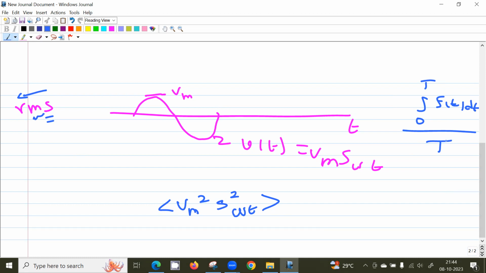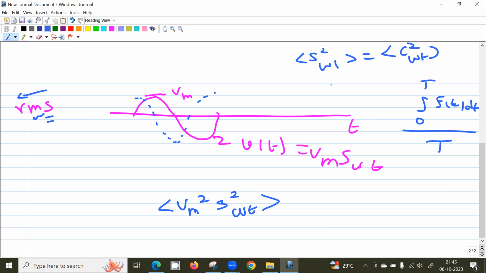The average of sin² and cos² are the same, because if I plot cos² it will look like this, I mean, if I put cos ωt, it will look like this. So the average of sin² ωt is the same as the average of cos² ωt.